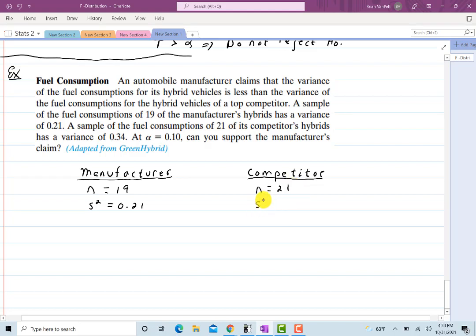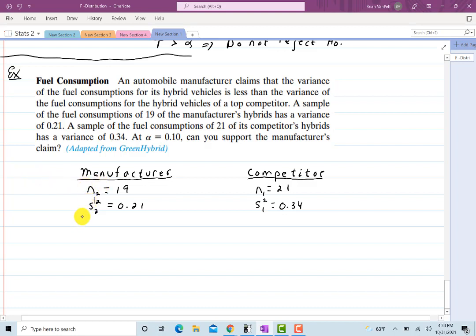So S squared equals 0.34. So quick look, I see that this S squared is bigger than this S squared. So that means that I'm going to make this the 1 and this the 2.